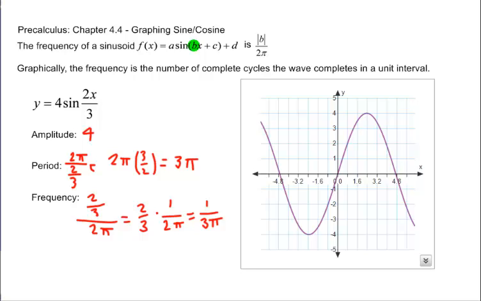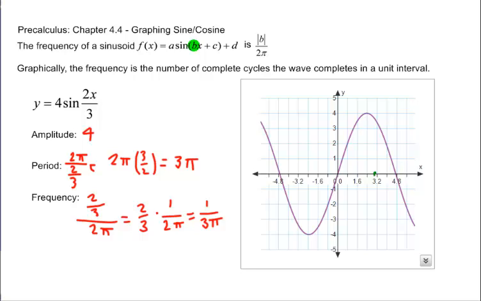So here, right around in here, is 3.14, and that should be where I get done with my sine function. But what's happened? It's gone through a little bit quicker.